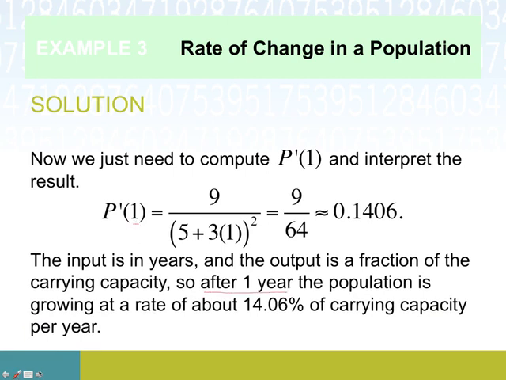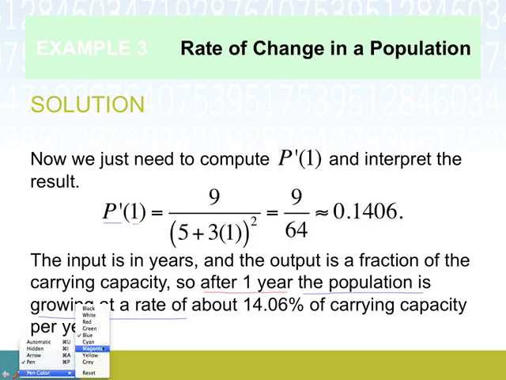I'm going to try to make sure that the interpretation covers all aspects of this P prime. So the 1 we tackled, that's 1 year. P prime itself is a rate of change. So this is the population is growing at a rate of, and then what it's actually equal to is this value, about 0.14.